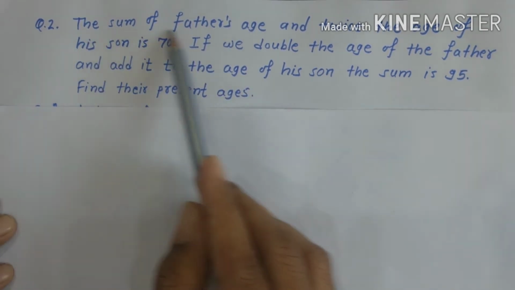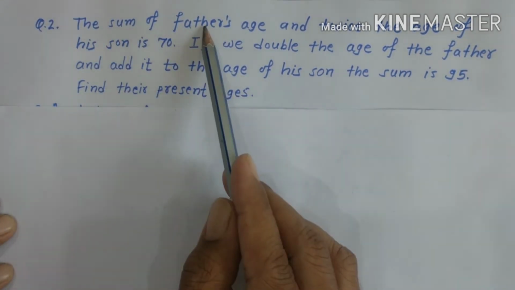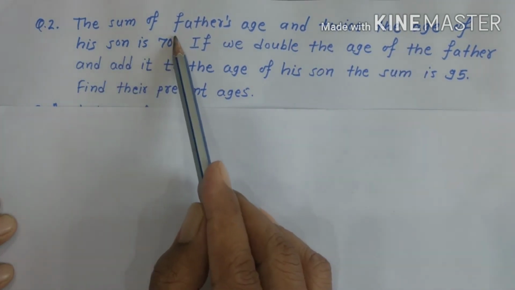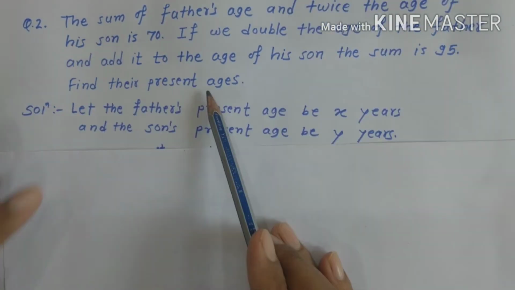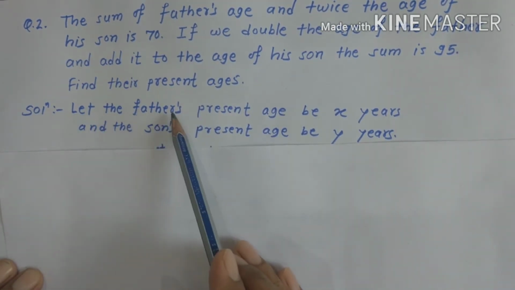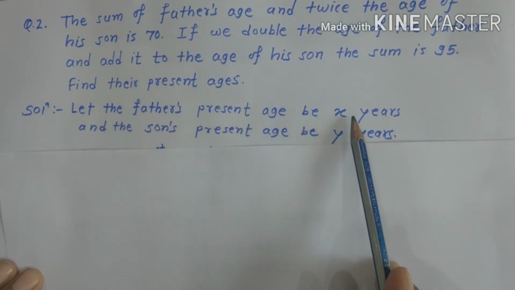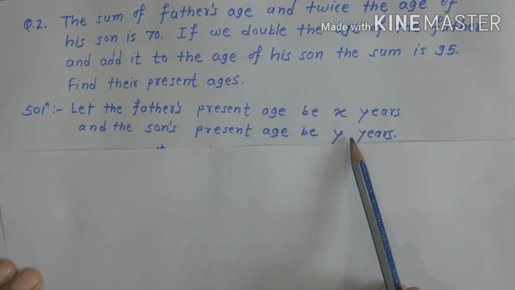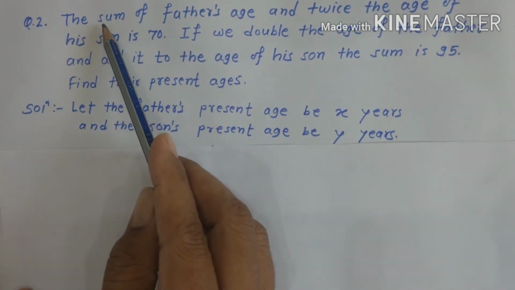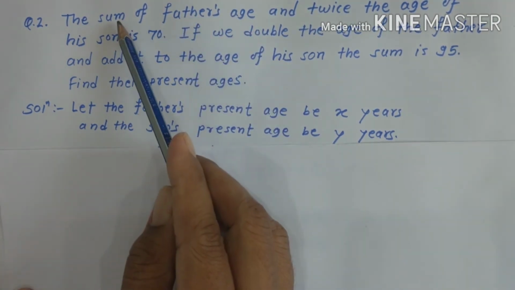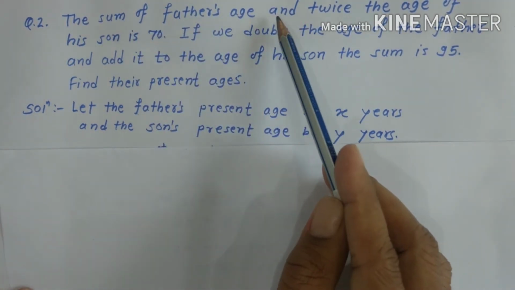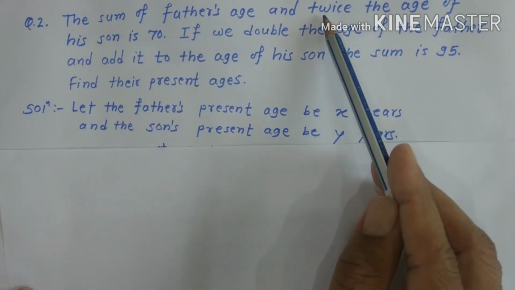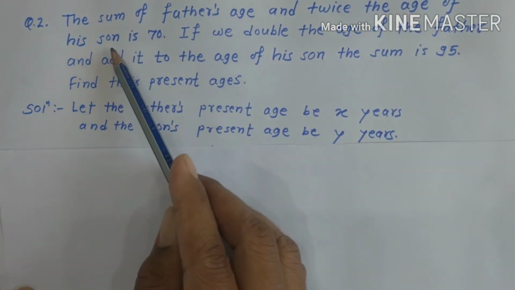Read the first line again. The sum of father's age and twice the age of his son is 70. Here is our first condition. So let the father's present age be x year and son's present age be y year. Now here sum of father's age, sum means addition, and twice the age of his son, twice means 2 times the age of his son.